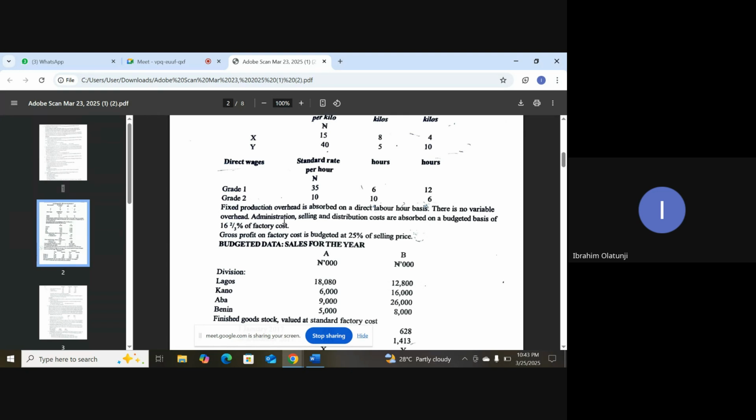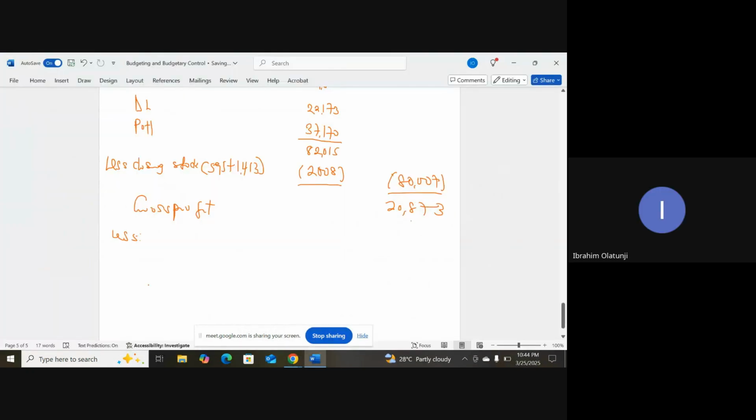But look at it: administration, selling, and distribution are absorbed on a basis of 16 2/3% of the factory cost. That is how you get that. So the expenses I want to less here should be admin, selling, and distribution.